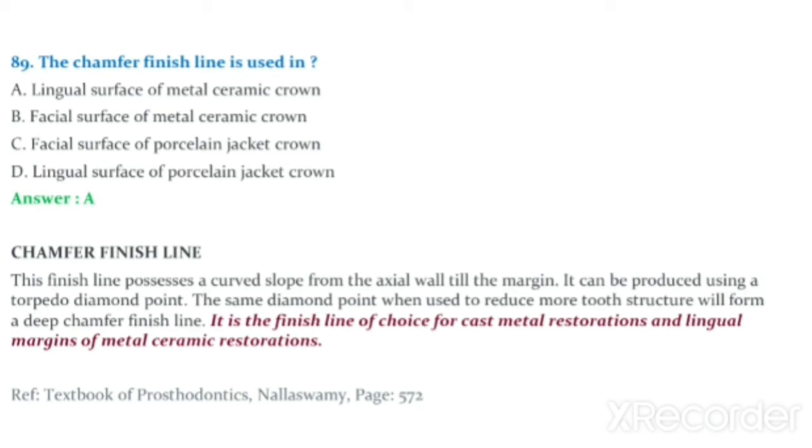This finish line possesses a curved slope from the axial wall till the margin. It can be produced using a torpedo diamond point. The same diamond point, when used to reduce more tooth structure, will form a deep chamfer finish line.